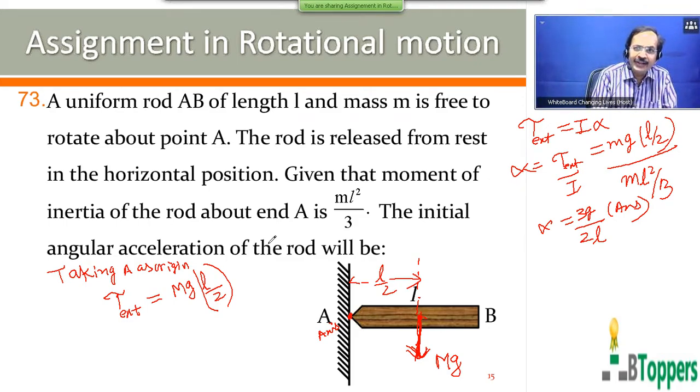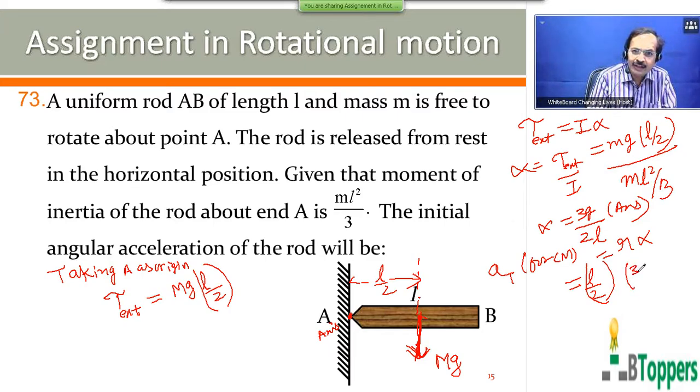Sometimes you may be asked to find the initial acceleration of the center of mass of the rod. So the initial acceleration, or tangential acceleration, for the center of mass of the rod, you can write r into alpha. The center of mass of the rod moves in a circular path of radius r equal to L by 2 about the axis passing through the end A. Alpha can be written as 3g by 12.